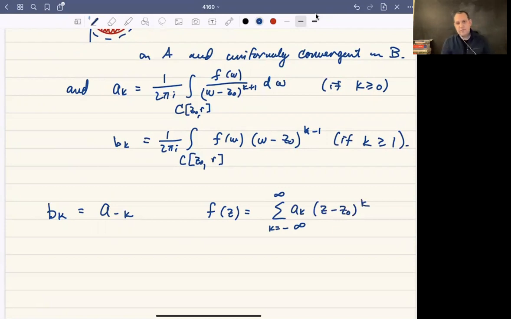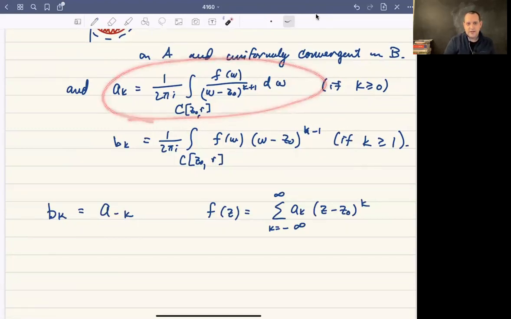Your negative powers correspond to the negative indices for your exponents. So if you have a sub minus 2, that's going to be to the power minus 2. So here you have a two-tailed series. It goes to negative infinity and infinity. And if you do it like this, then you can get away with writing a single formula for a sub k for all k. So anyways, that's the idea.